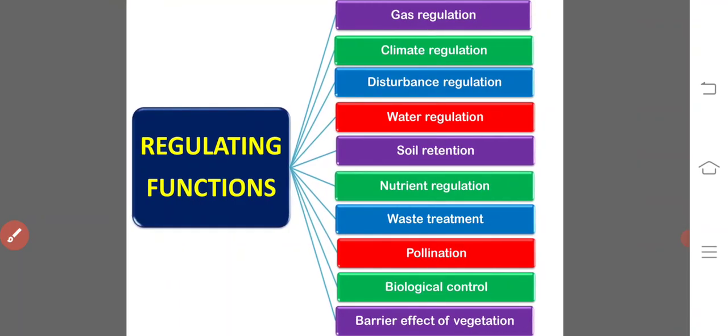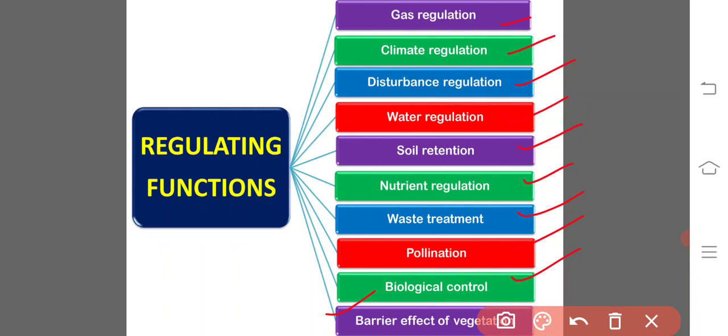Starting with the regulating functions, about 10 functions are grouped under the regulating functions: gas regulation, climate regulation, disturbance regulation, water regulation, soil retention, nutrient regulation, waste treatment, pollination, biological control, and the barrier effect of vegetation.